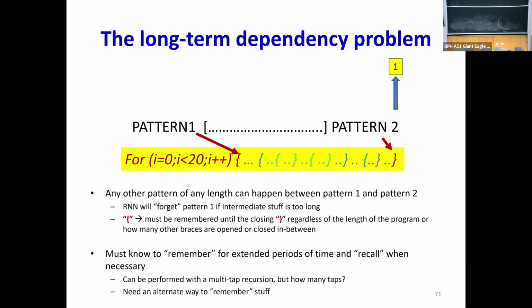Bias? But no, you want the input to respond. I've opened a curly brace. I want to shut it when I see a closed curly brace. How do I take care of that? So here's the thing, right?